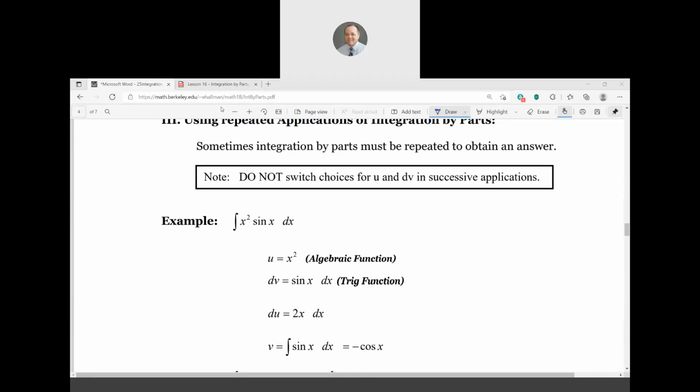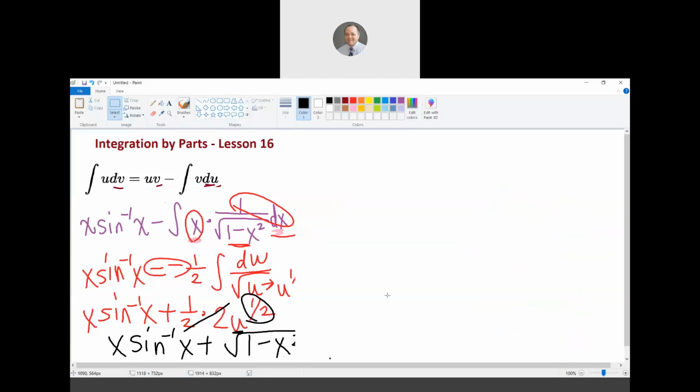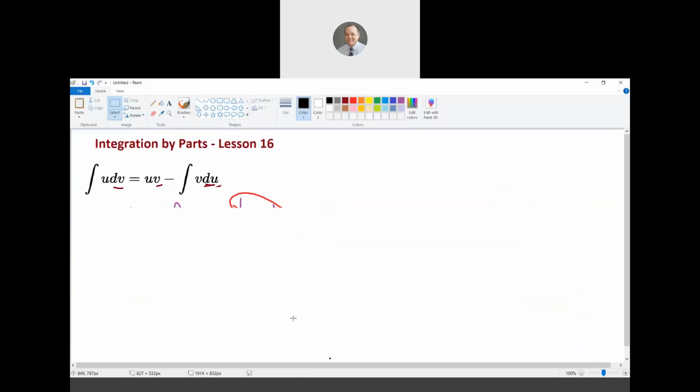I already tell you, or you already just saw it, that we have to use integration by parts several times. So let me wipe our dry erase paintboard. And let's see.